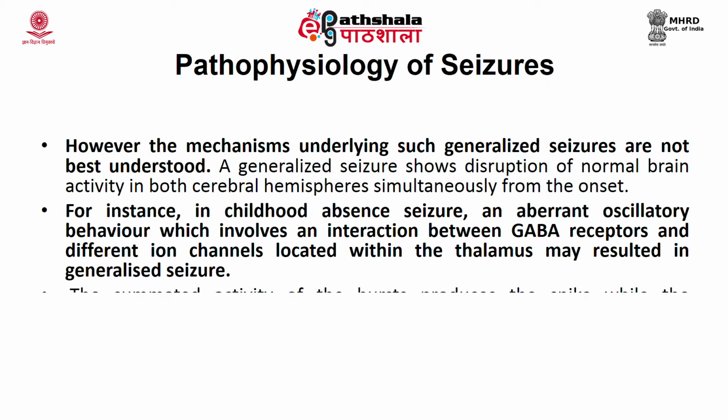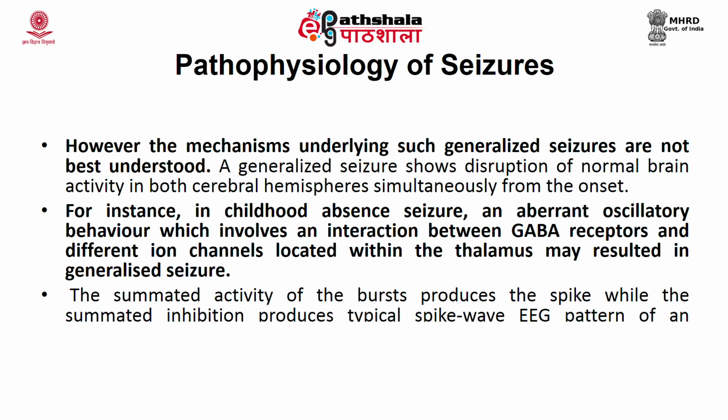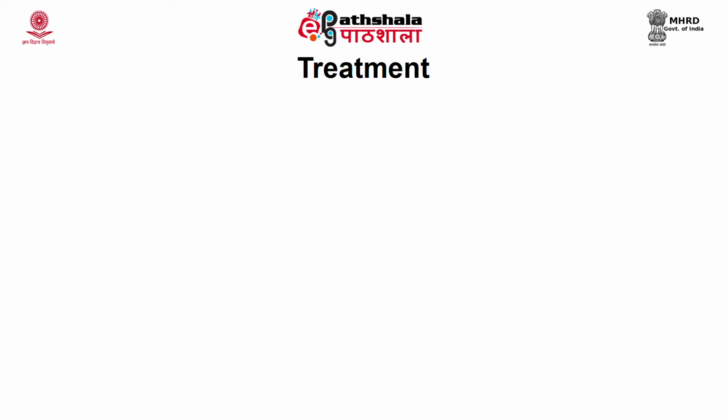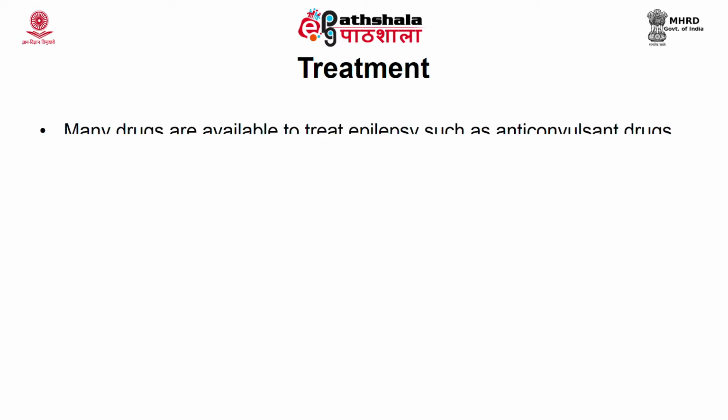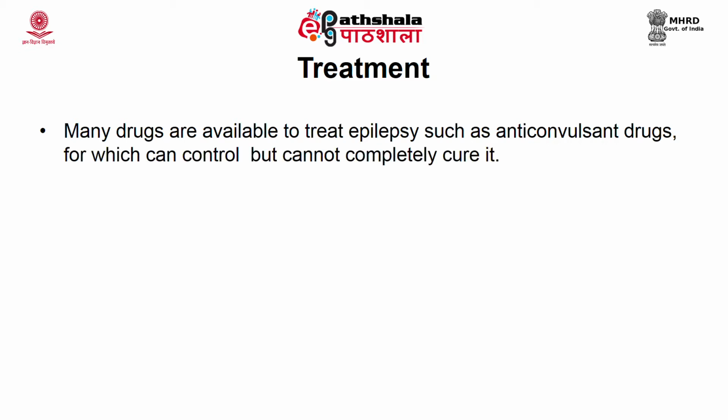The summated activity of bursts produced by spikes, when combined with summated inhibition, produces the typical spike-wave pattern of absence seizures. If we look at the treatment, we have a number of drugs which have been used as anticonvulsants. They may control but may not cure the disease.